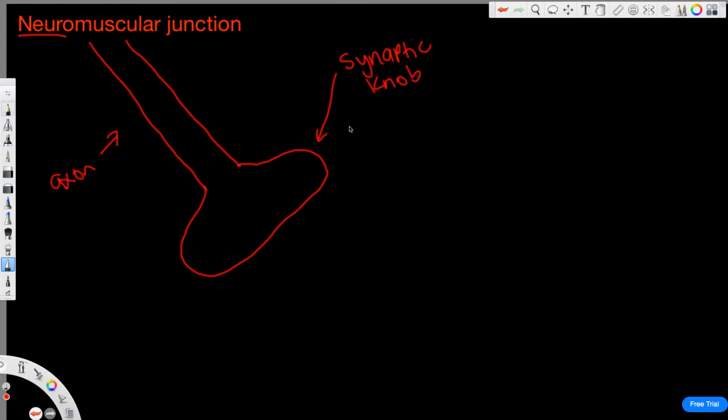There are multiple acceptable terminologies for this thingy. And then inside of the synaptic knob, we've got an assortment, oops, that one's not closed, of vesicles containing neurotransmitters. So let's label that.